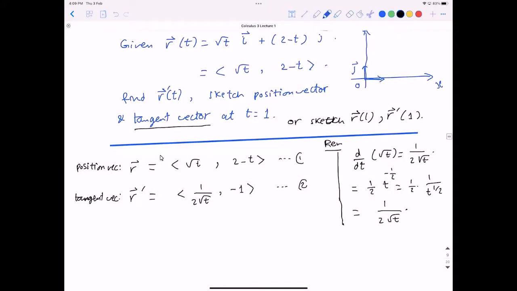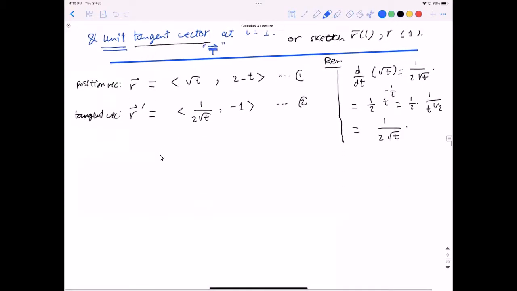If he asks, I'll add some other question. Tangent vector, unit, let it be unit tangent vector. Unit tangent vector. This is important. It is capital T that is the unit tangent vector, not R prime itself. What is the difference? This is the tangent vector.